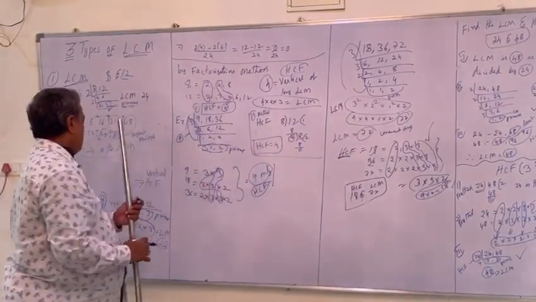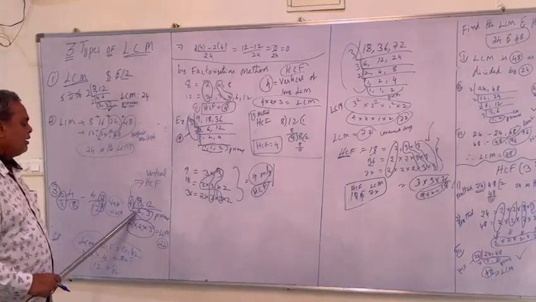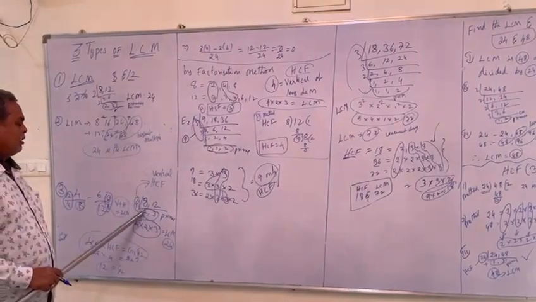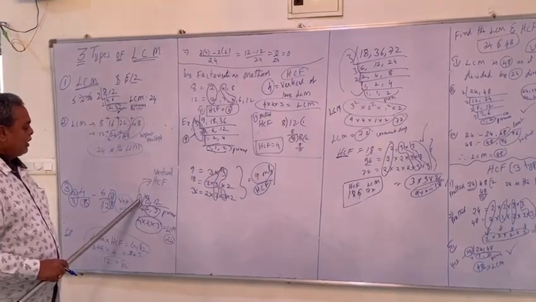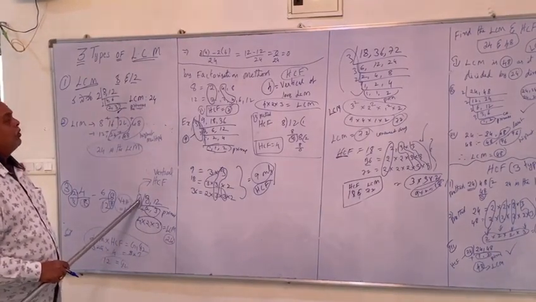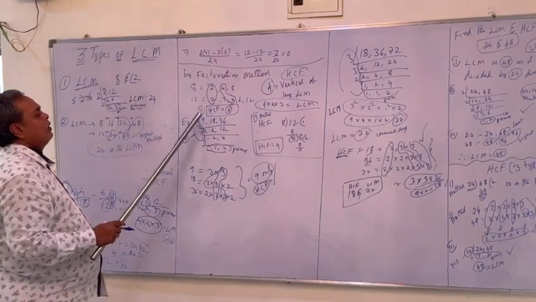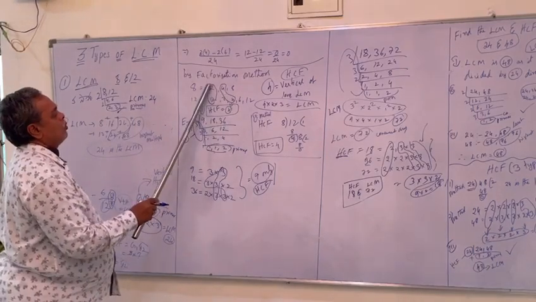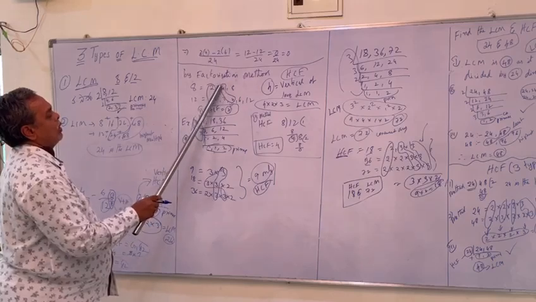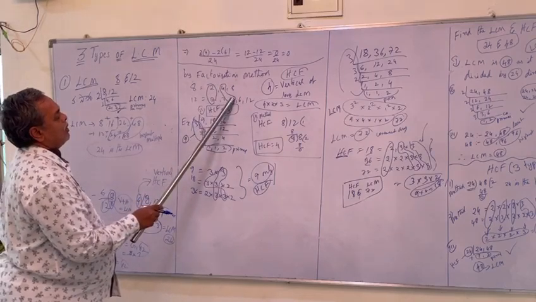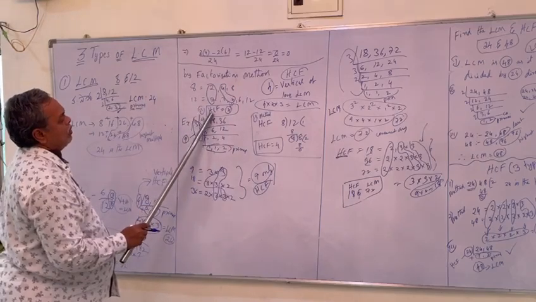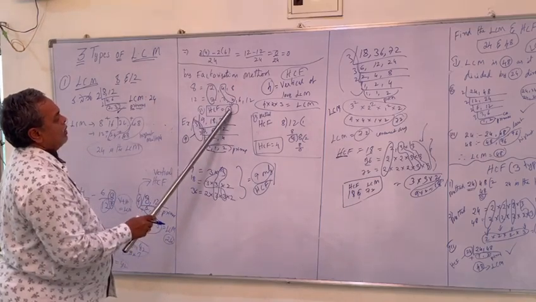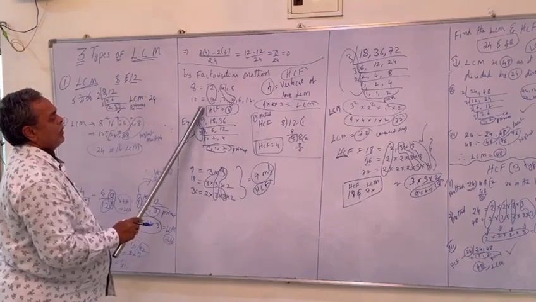First one is the long division method of LCM: 4 is the vertical number, that's why it is the HCF. In the factorization method, in both lines 2 and 4 are the common factors, and the highest common factor is 4. That's why we have taken 4 as the HCF. This is the second method.